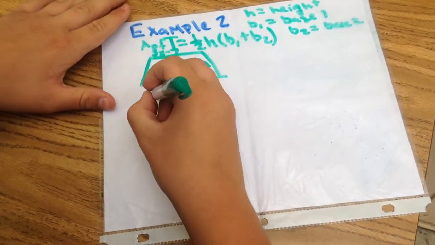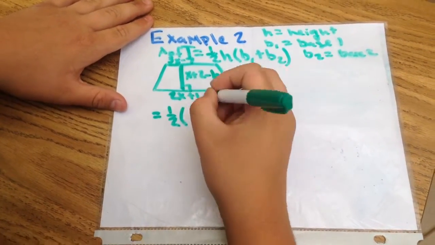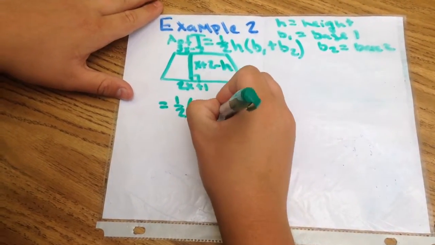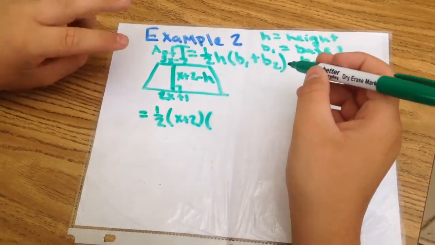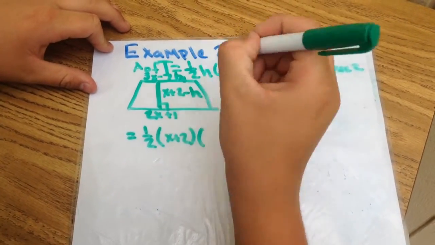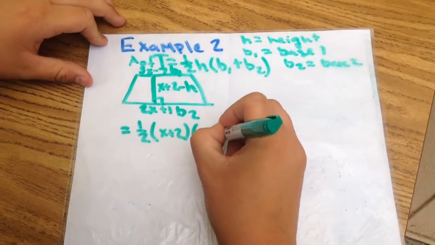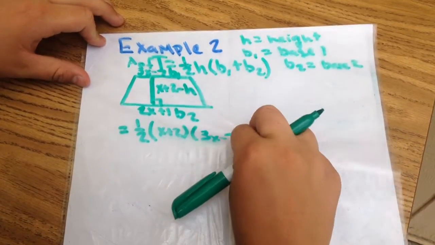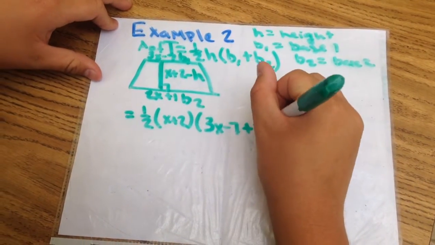So we can start writing our equation. 1/2 times x plus 2 times, and now we need to figure out base 1 and base 2. So there's only 2 left, and bases are the same thing, so we'll call this base 1 and this one base 2. So 3x minus 7 plus 2x plus 1.